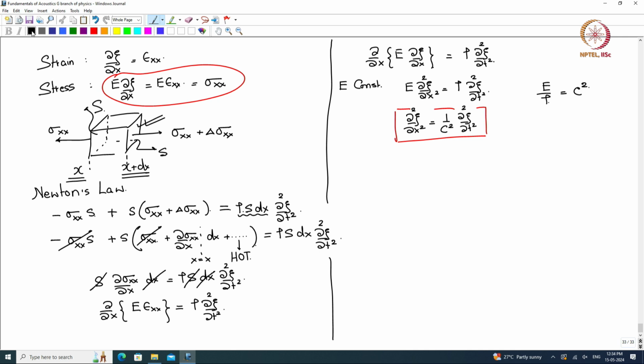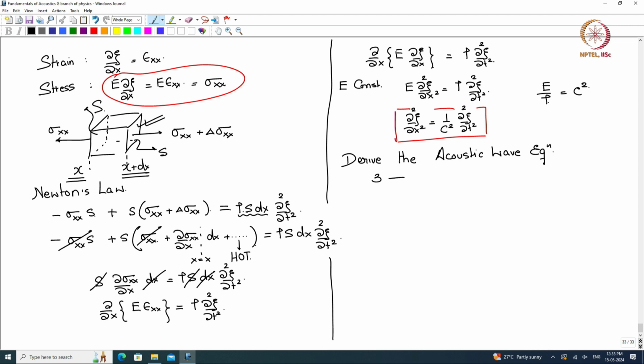Okay, there are some parallels I just want to mention here, that when we derive the acoustic wave equation, we will dominantly use three equations.